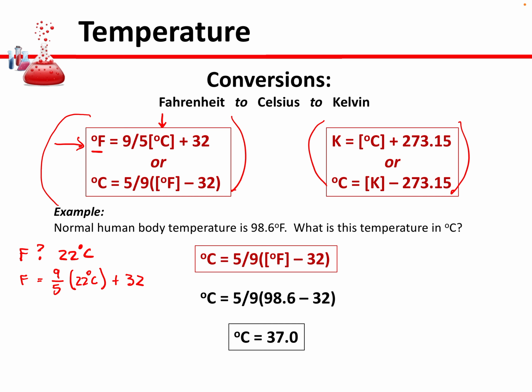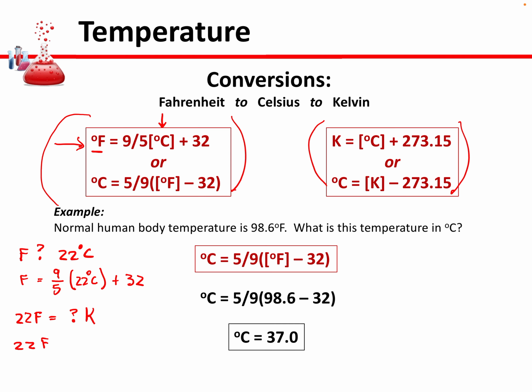All right, whoa, this is a double conversion. How many degrees Kelvin is 22 degrees Fahrenheit? We've got to go to Celsius first, and then from Celsius over to Kelvin. So do the Celsius conversion first.